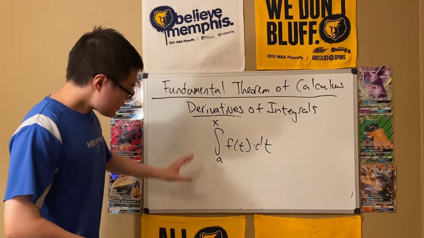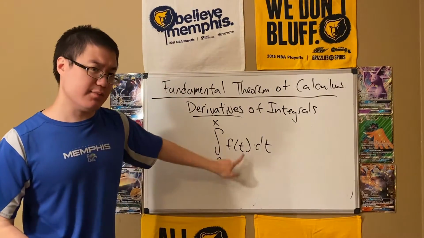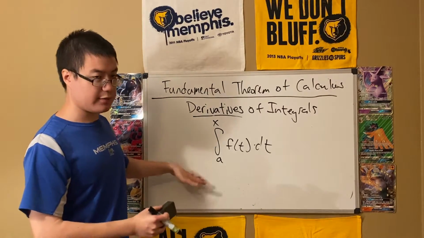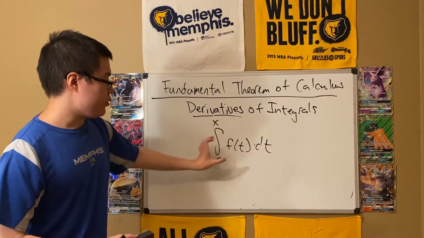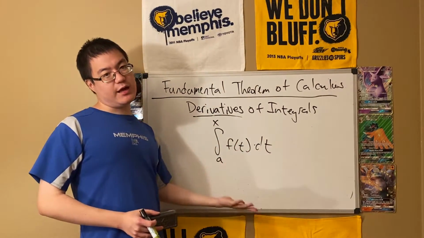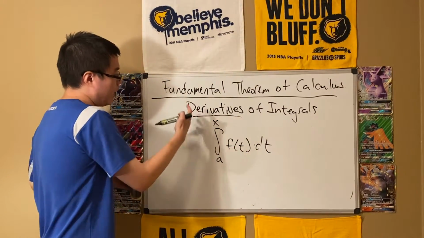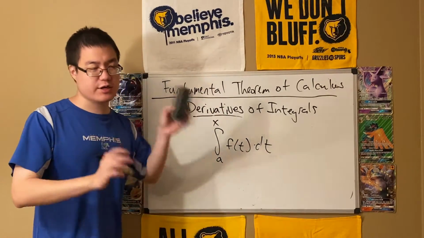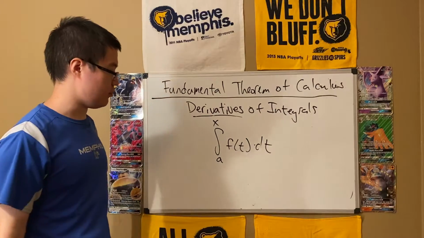So let's say this bottom number is 0. If I wanted to find values of this integral, I would plug in 4, for example. Then you would find the area from 0 to 4 between the function and the x-axis. You do not want to plug the 4 into all of this, because then you would evaluate the function and everything changes and gets a little bit weird.